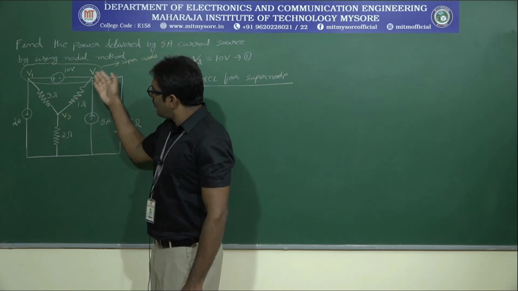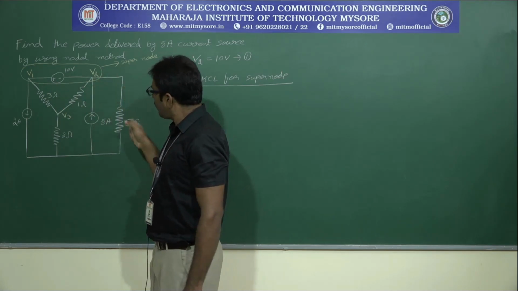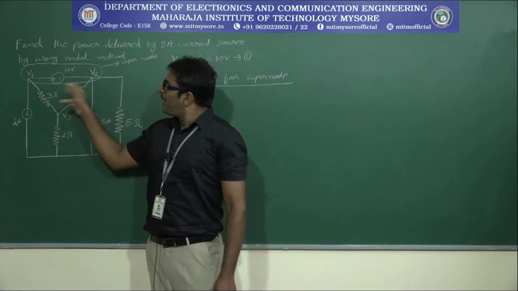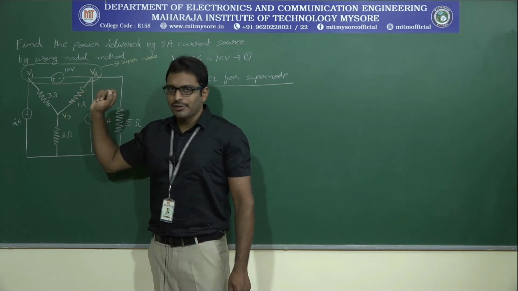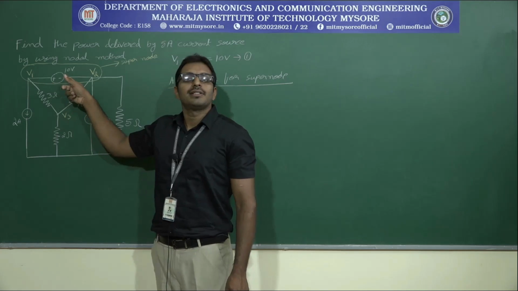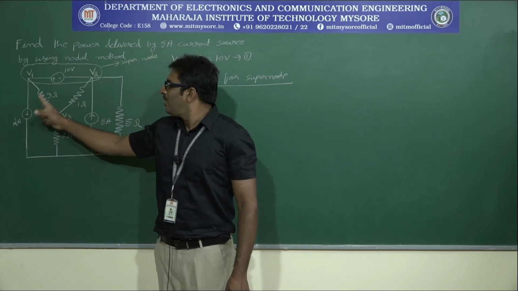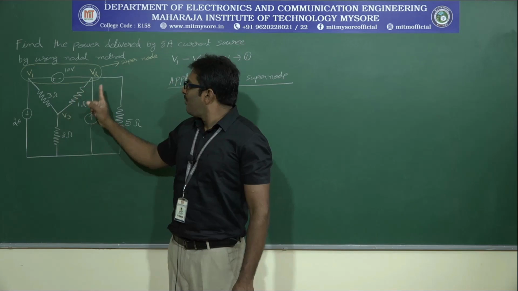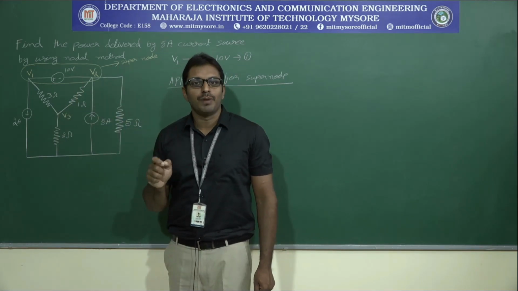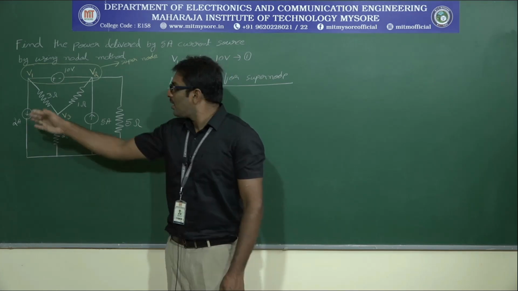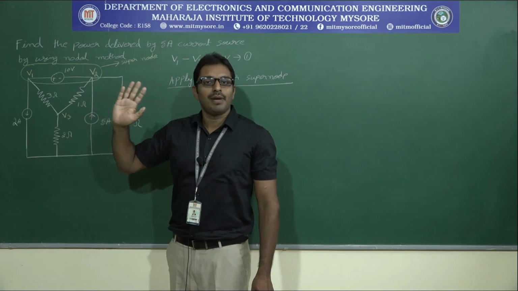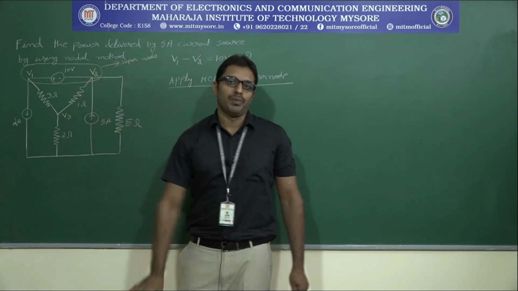V2 again consists of three branches: the 1 ohm resistor, the 5 ampere source, and the 10 volt voltage source. Combining these two nodes is the supernode. At a time, this supernode contains how many branches? 1, 2, 3, 4, 5. So when applying KCL for any supernode, we need to consider all the branches connected to the supernode.